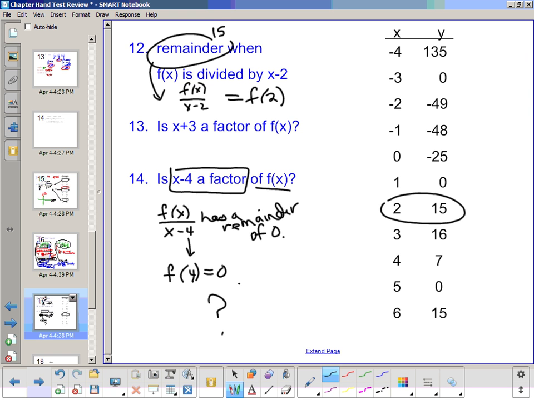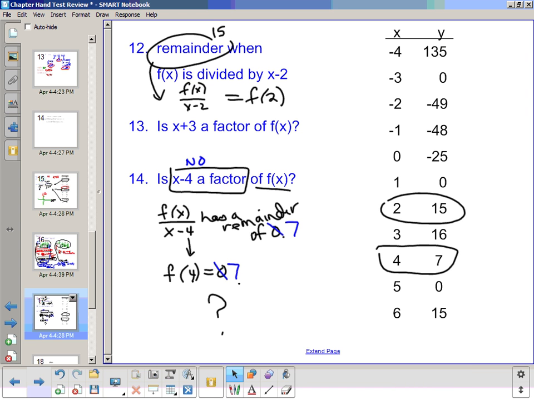Let's look. f of 4 equals 7. So I'm going to come back here and change this. If f of 4 equals 7, that means the remainder when f of x is divided by x minus 4 is also going to be 7, which means no, x minus 4 is not a factor of f of x.